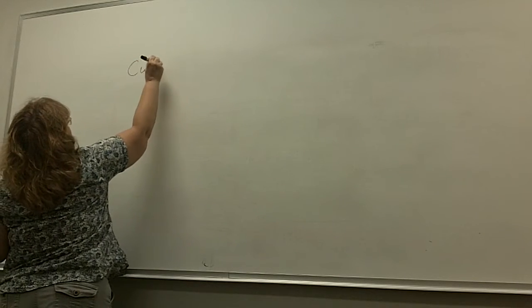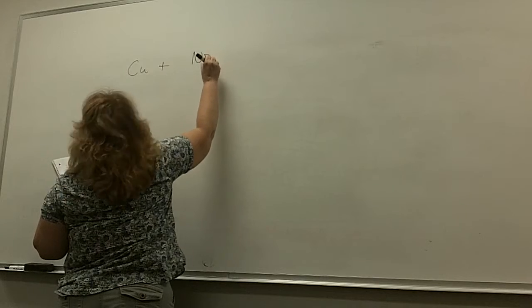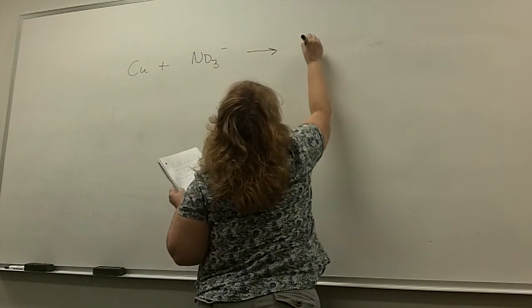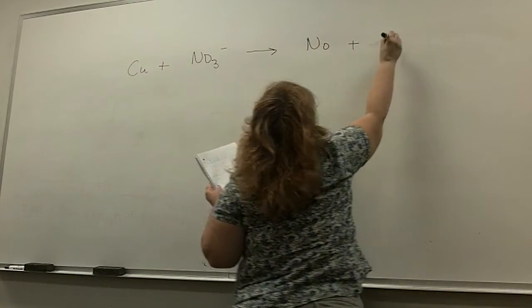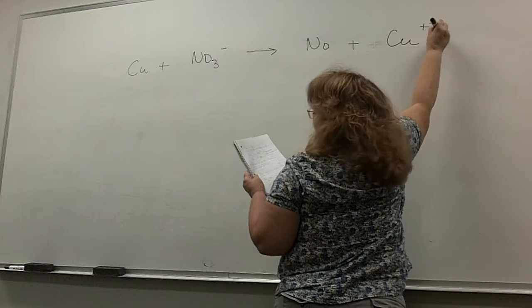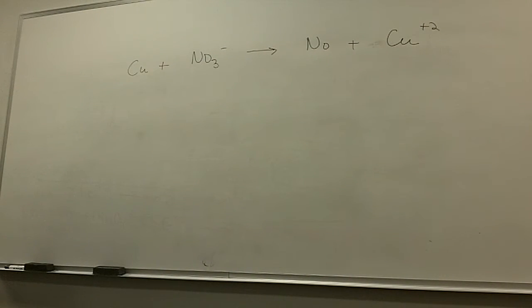So we've got Cu plus NO3 minus yields NO plus Cu plus 2. So is that nitrogen and oxygen on the product side?